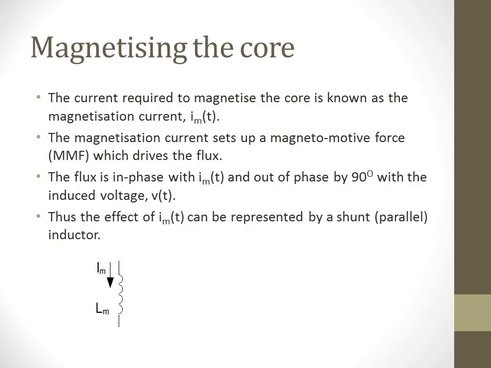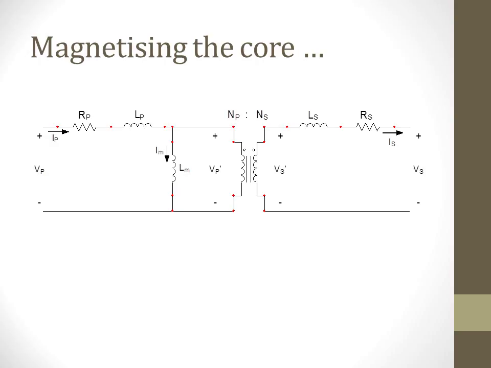This current is in phase with the flux, but 90 degrees out of phase with the induced voltage. This effect can be represented by a shunt inductor because we know that current lags the voltage in an inductor by 90 degrees. This slide shows you the circuit with the shunt inductor Lm included.